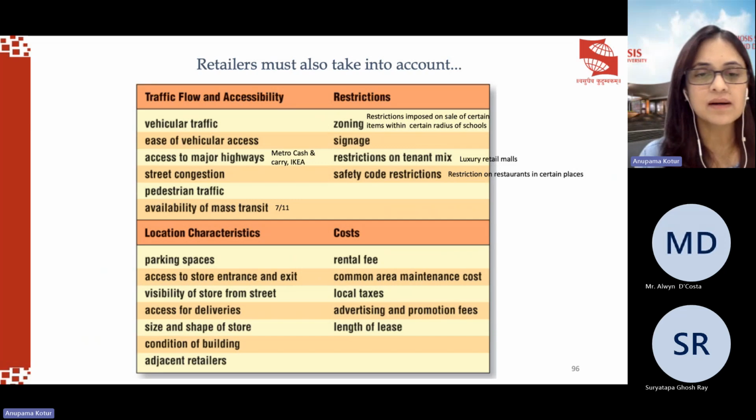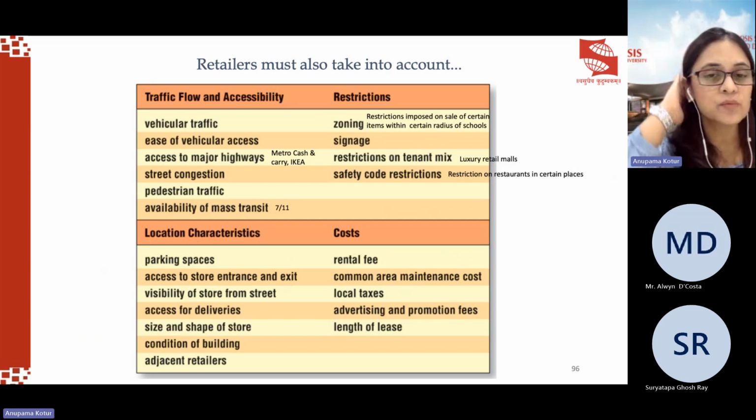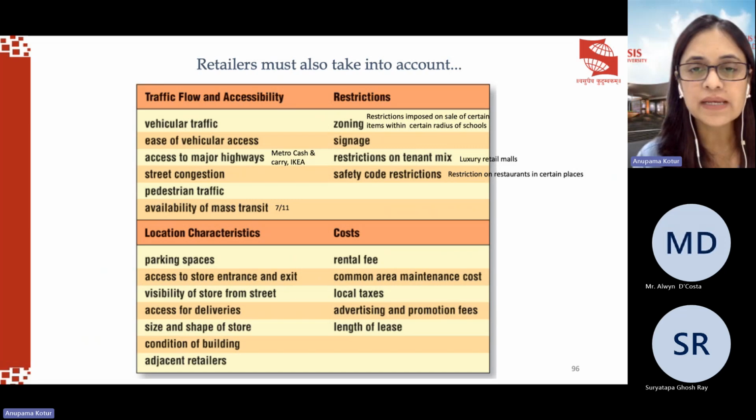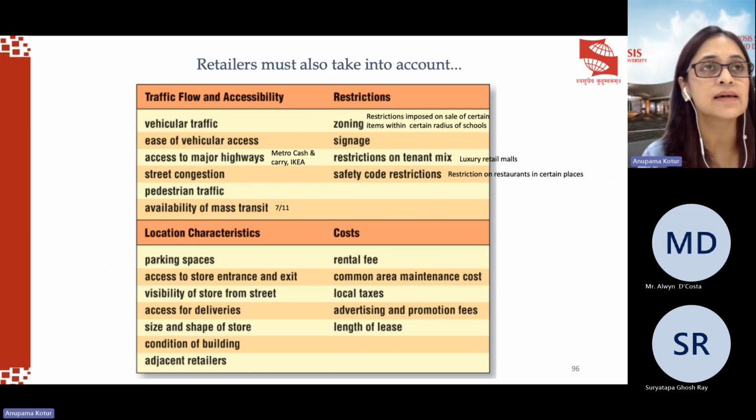So again, it depends on where you want to be located, depending on the store. And then zoning refers to restrictions that are there in every place, right? If I could give you an example, I'll give you two examples.